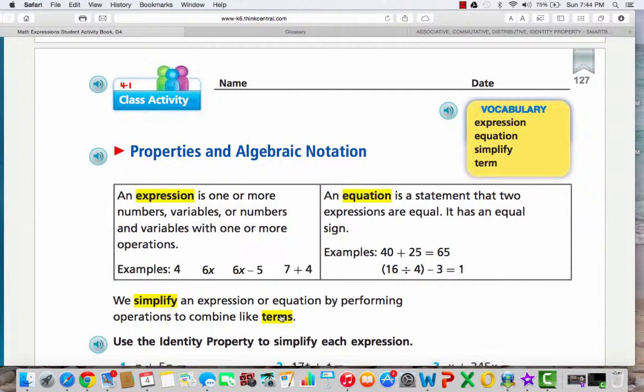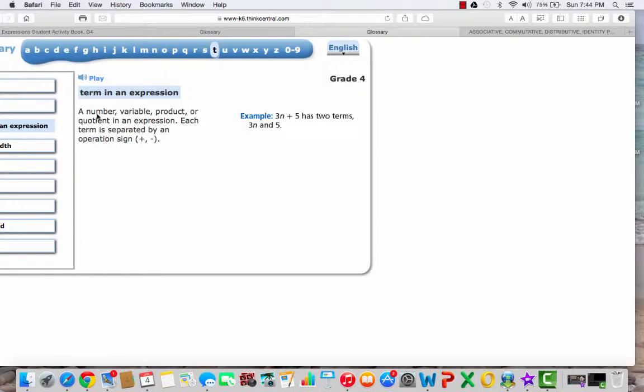And terms are a number, variable, product, or quotient in an expression. So each term is separated by an operation, plus or minus. So for example, 3n plus 5 has two terms, 3n and 5, because this is one term and this is one term.